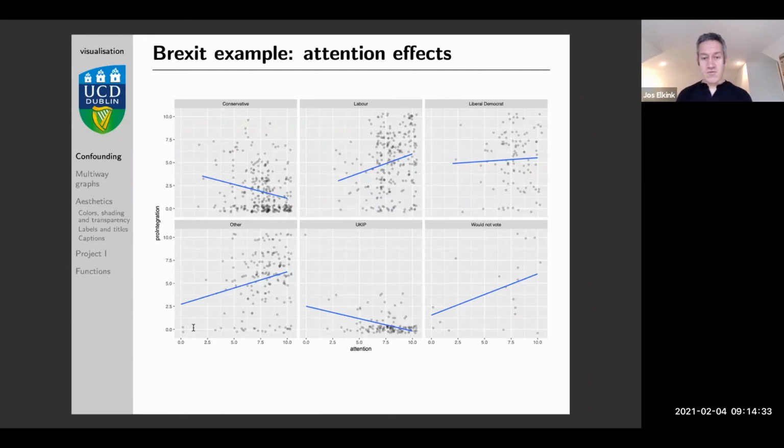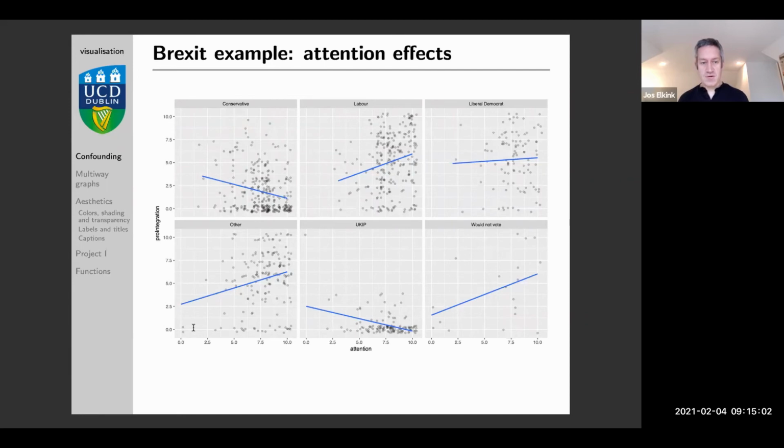It might look confusing, but it might actually be quite logical, right? Maybe it's not the case that people that pay more attention are more in favor of European integration, but people that pay more attention are more likely to be aligned with the party they choose. They follow politics better, they know better what their party stands for, and they might follow the cues of the party better, so they align themselves better.